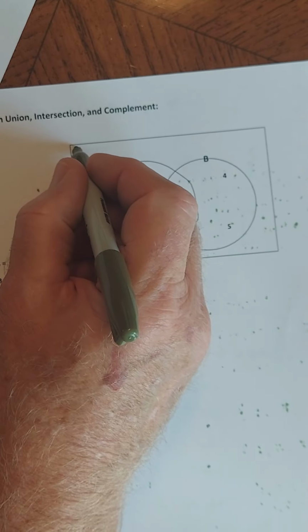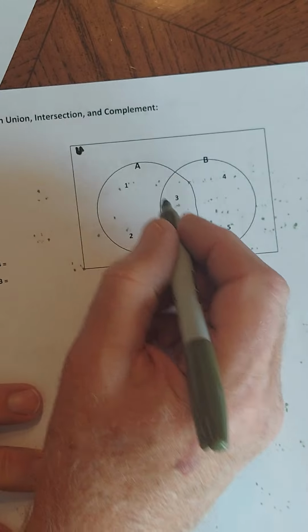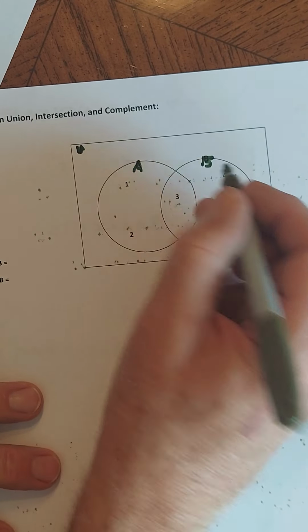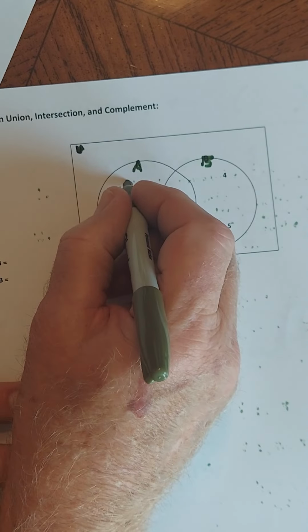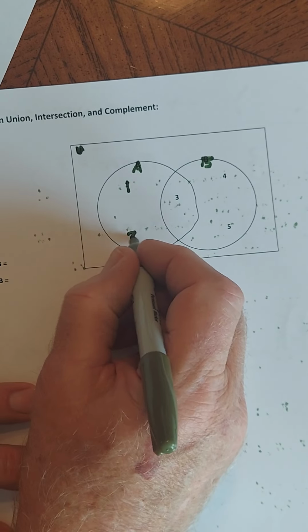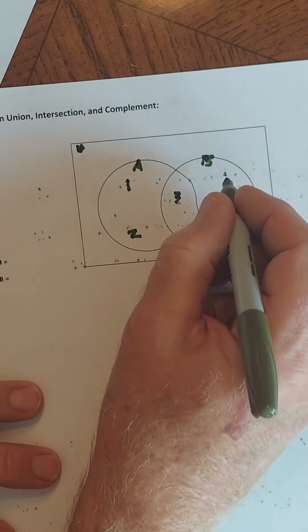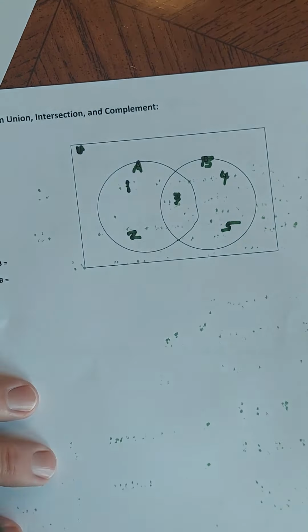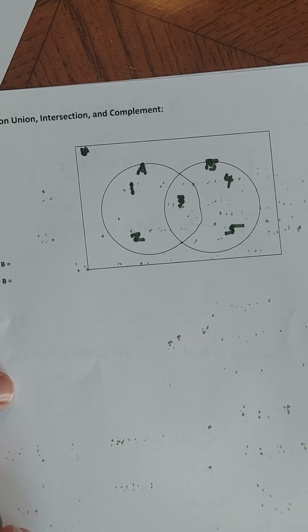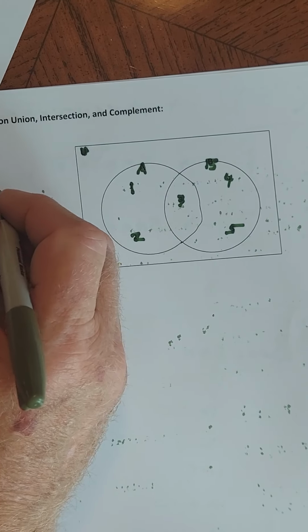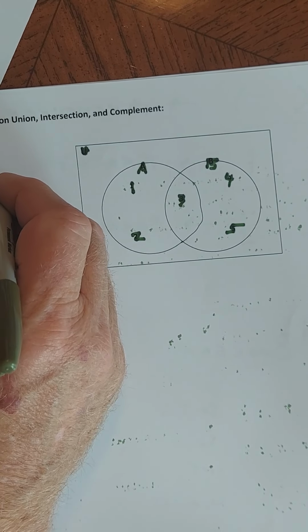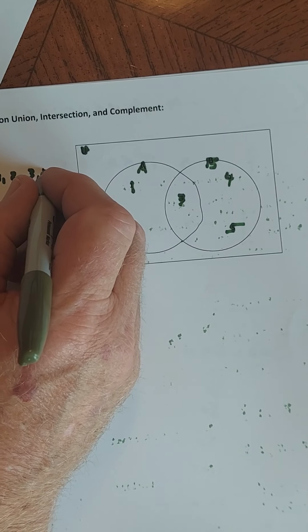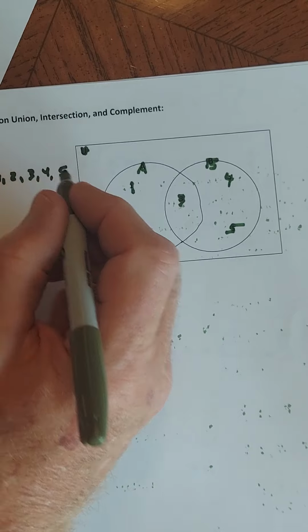So you can see where I have labeled set U, set A, set B, and then I've got the numbers 1, 2, 3, 4, 5. So you can see there's only 5 numbers. So U will be the set 1, 2, 3, 4, and 5.